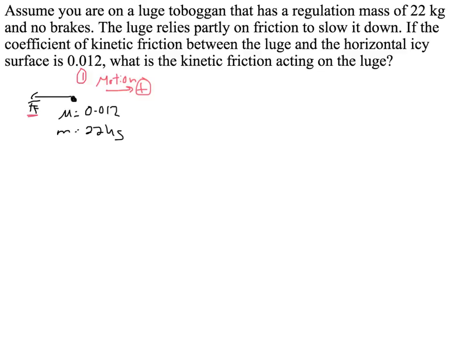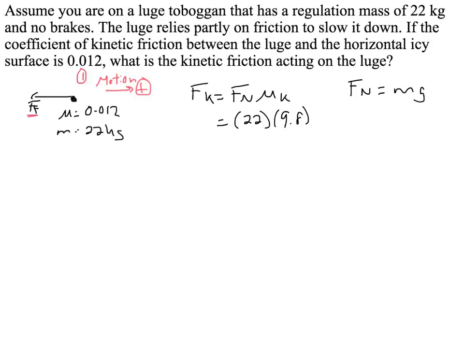So now let's write down our equation. We know that Fk equals Fn times mu k. Since it's moving, we know it's kinetic. Plug in some numbers. We know Fn equals mass times gravity. Therefore, Fn is going to equal 22 times 9.8.